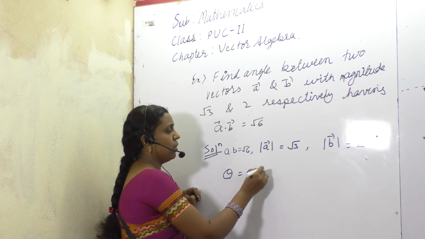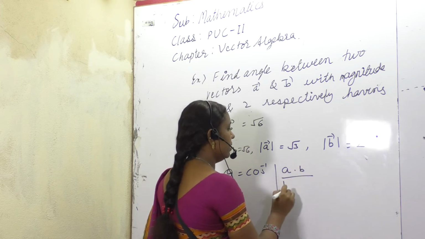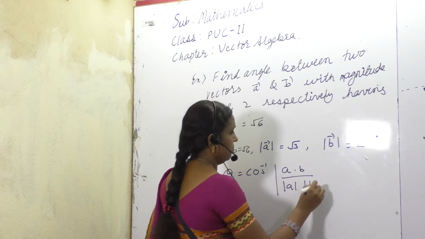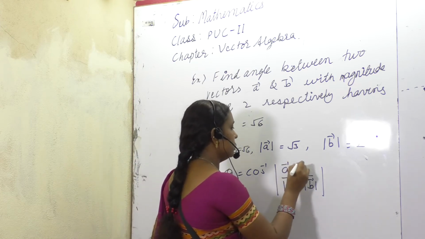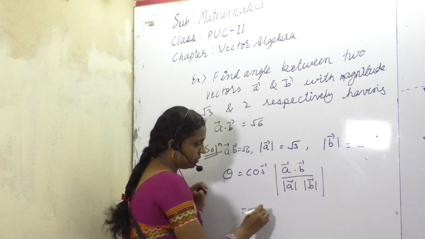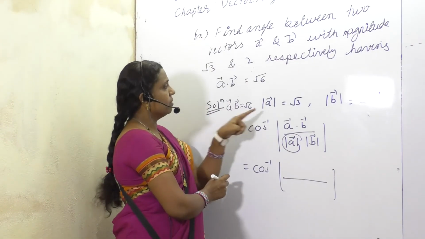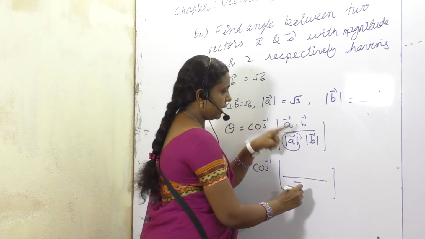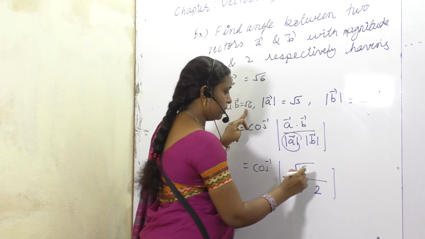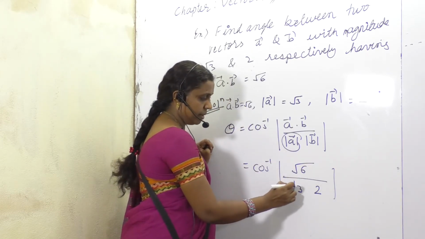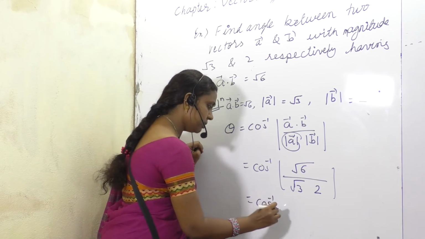Theta is equal to cos inverse A dot B by magnitude A, magnitude B. So this is the formula, cos inverse. Magnitude A is given, that is root 3. Magnitude B is 2. A dot B is equal to root 6. Am I right?